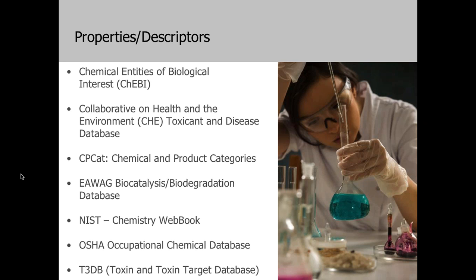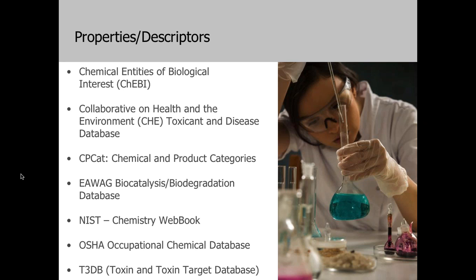The new one, I say new, it was probably launched about 18 months ago, 2 years ago, is the OSHA Occupational Chemical Database. What OSHA has done is they've compiled exposure limits and reference doses and chemical and physical properties and RELs and other types of endpoints that is typically the kind of information someone worried about occupational exposure to chemicals would want to have.